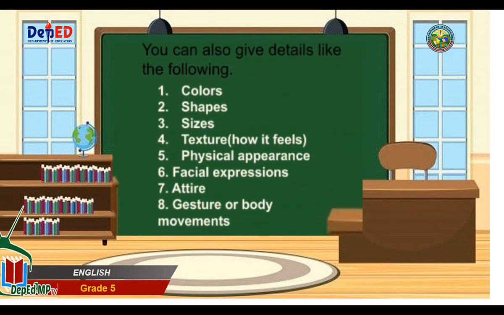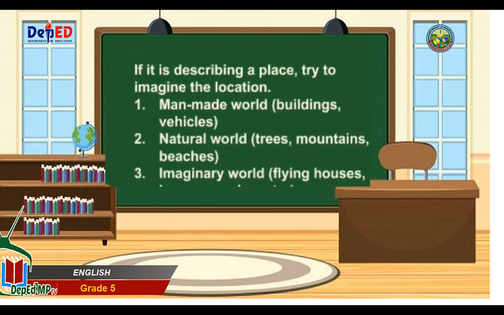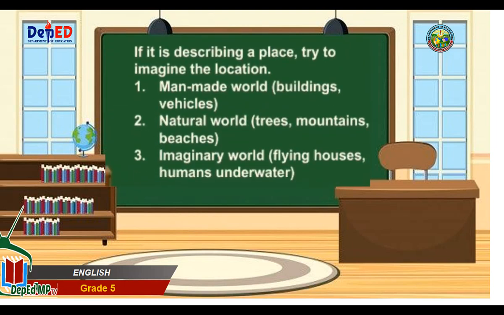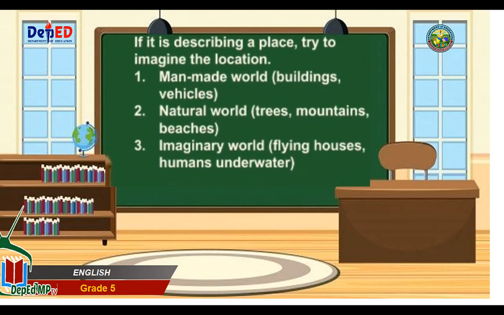You can also give details like the following. When you describe or you're going to give details, you must consider the following. If you are going to describe a place, try to imagine the location.